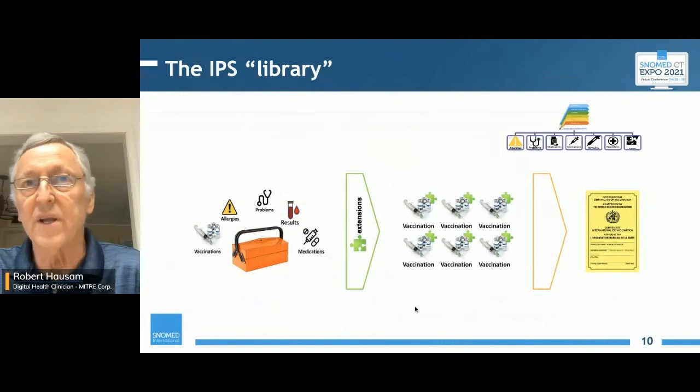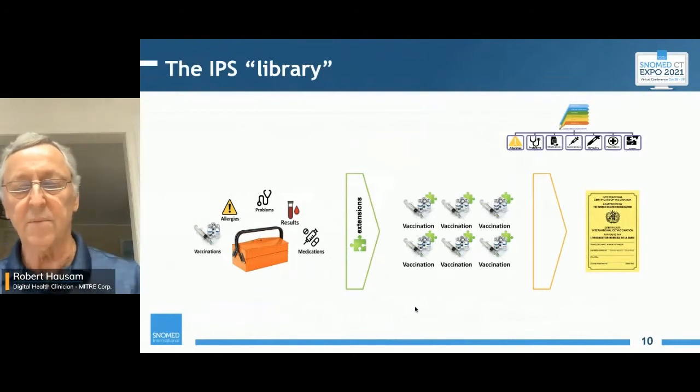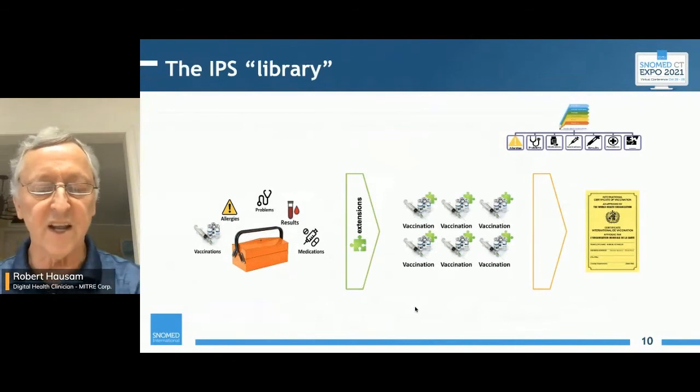Now we're in the era of digital vaccine certificates, and we envision the IPS being used in this type of scenario. There are some active projects working on basing smart vaccination cards on IPS data and having those be conformant, compatible with each other. So that's an exciting area that we're looking at right now.